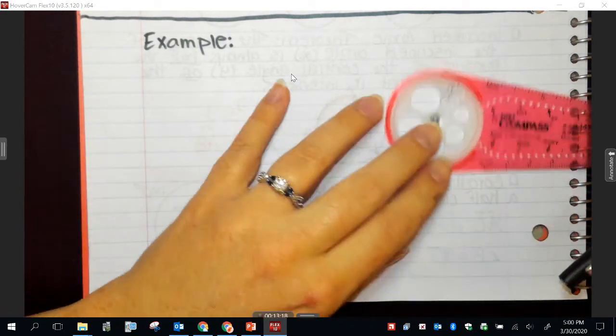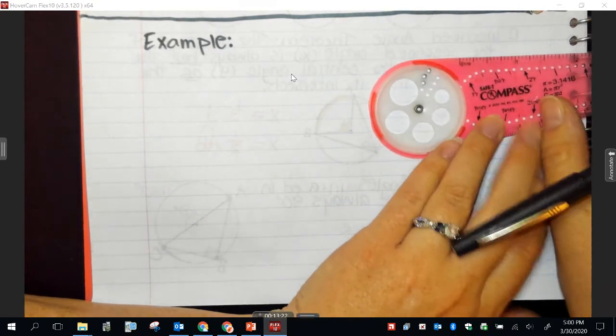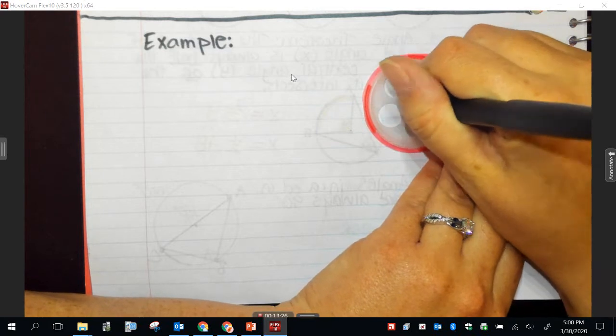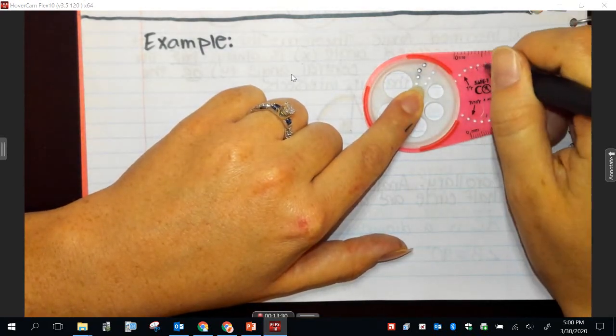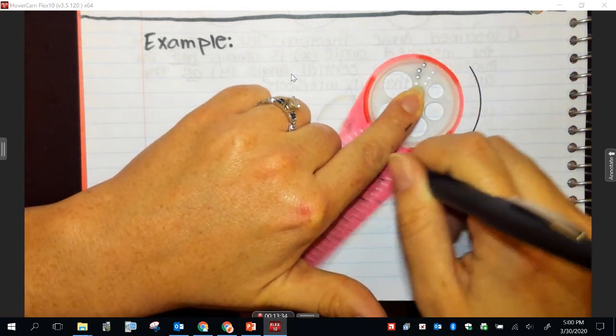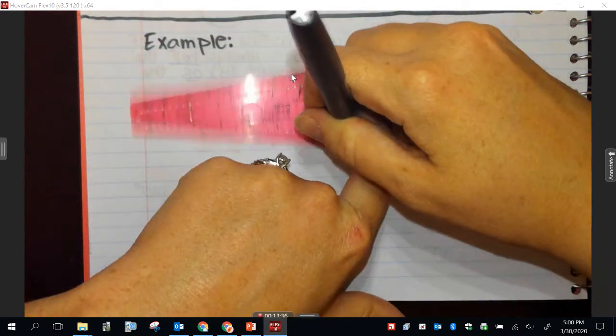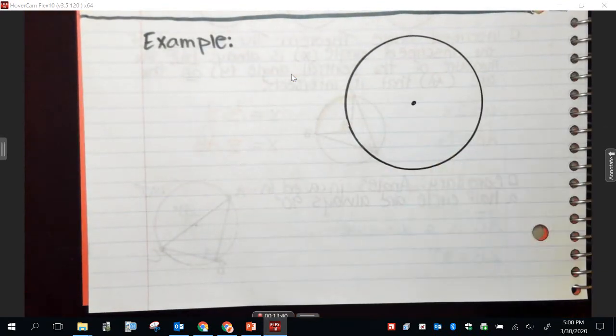So, let's see. I do want to make this circle relatively large because I want to be able to write inside of it. So let's see, we put our center about there, and yeah, that should be big enough, I think. All right, so that's about how big we're going to make this circle for this example.